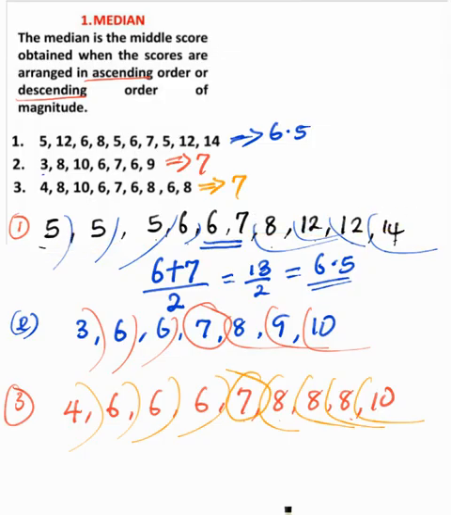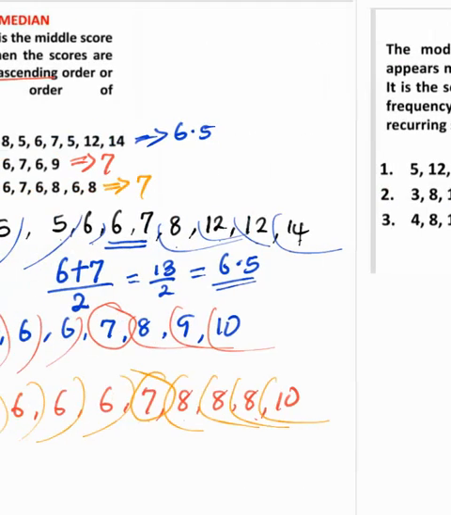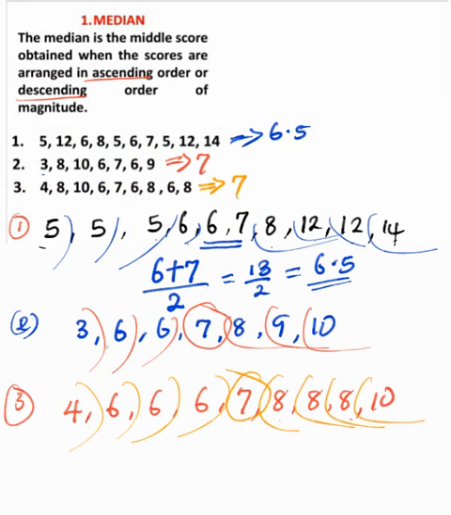So 5 appears 3 times, and that makes it the mode of this distribution because it's the highest recurring data here. So the mode is 5. And for number 2, we can simply go back to where we have arranged and see.